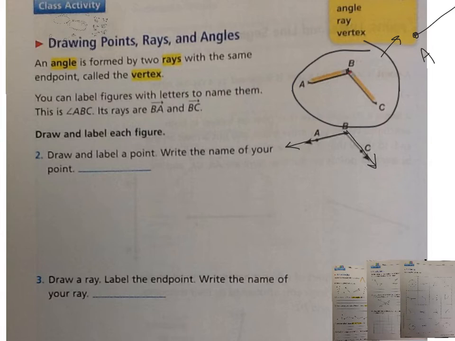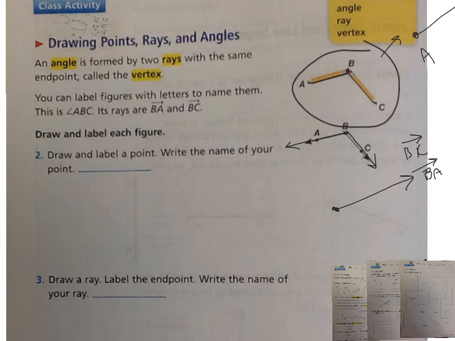And with rays it's different. When you write the symbol for a ray, it looks like that. But you always have B, C, or ray BA. What you always do is write the letter that the ray starts on first. Remember how I told you on the other ones you could have it flip-flop? It didn't matter.